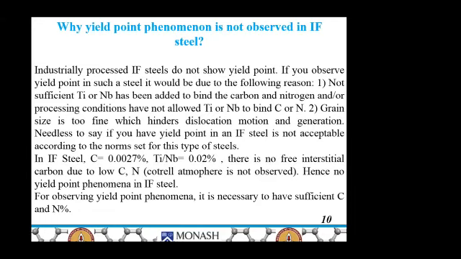So there is no free interstitial carbon due to low carbon and nitrogen, and the Cottrell atmosphere is not observed. Hence, no yield point phenomena in interstitial free steel is observed. But if it is observed, then it may be that there is a little bit of carbon. So this is the thing.